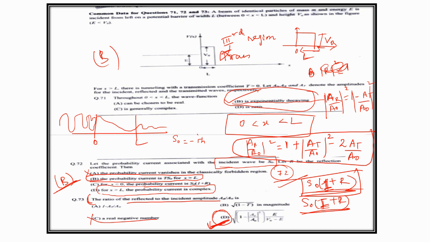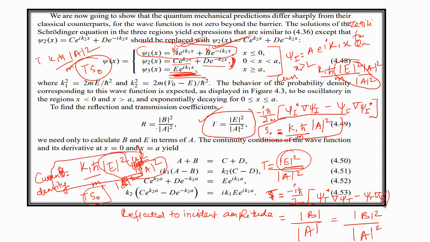Then you can put the values of AR by A naught. AR by A naught is this, B by A square. Here the terminology is different. So AR is B, A naught is A, and AT is this E. And reflection will be AR by A naught whole square, right?